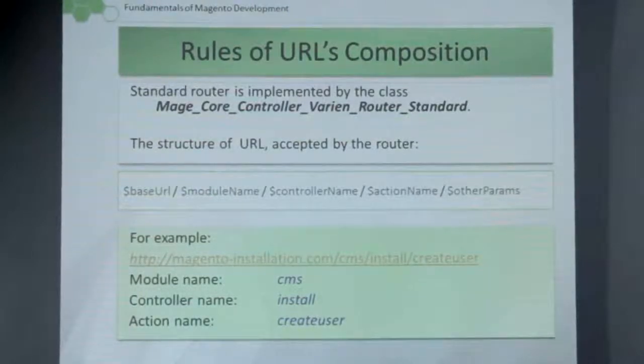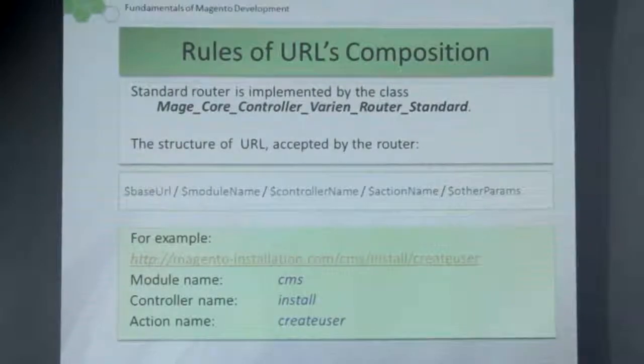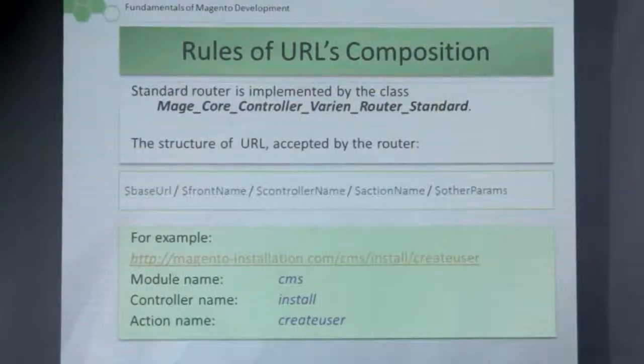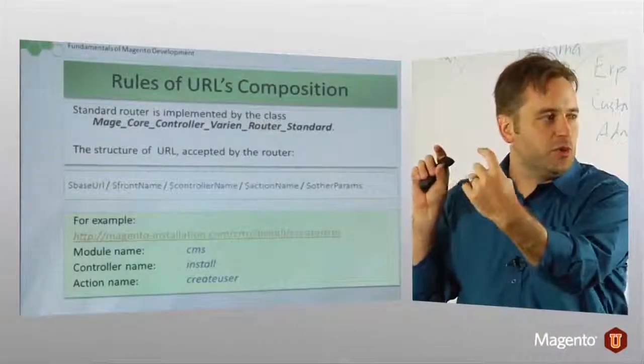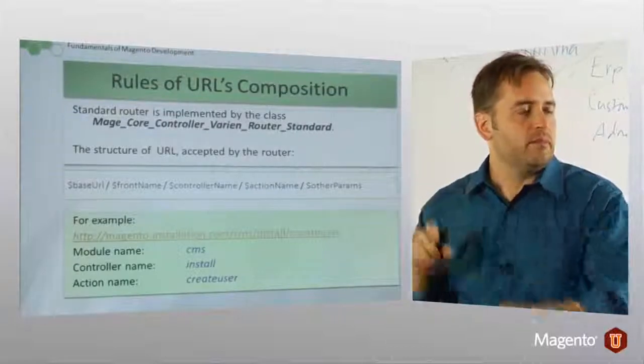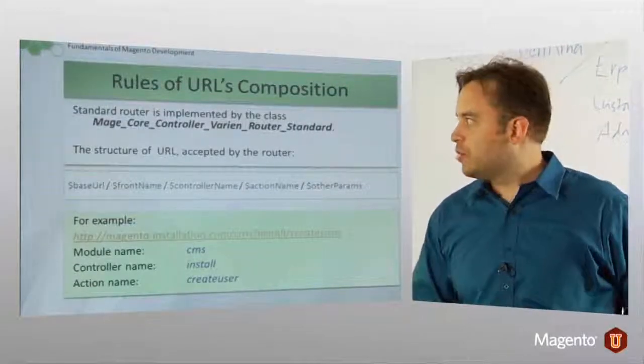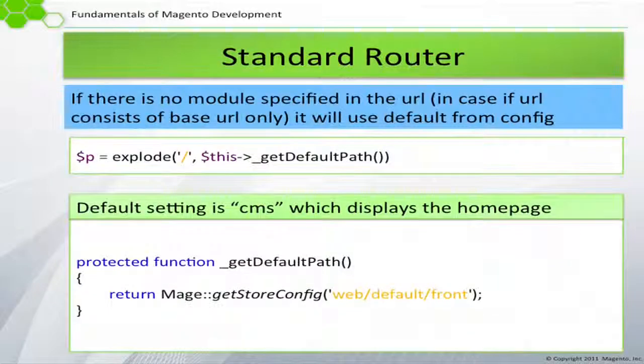I'm going to change that. We're dealing with the module here, but what you will actually see, the actual node in the configuration, is called front name. So that's why I made that change. All right, and what we're doing here is we're talking about what happens at that default URL, at that base URL with no front name specified.